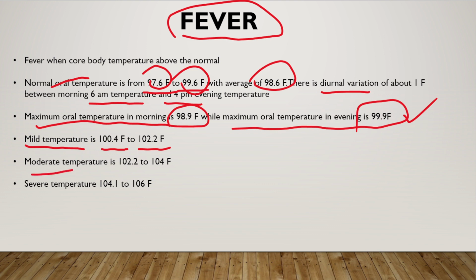Moderate fever is 102.2 to 104, while severe or high grade fever is 104.1 to 106. So that's how we classify fever into mild, moderate, and severe, or high grade.